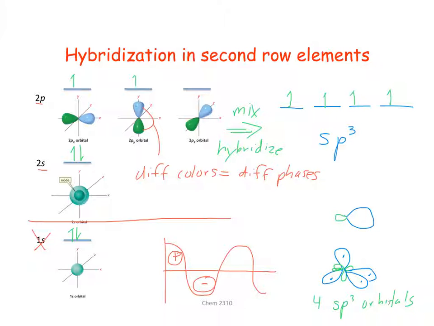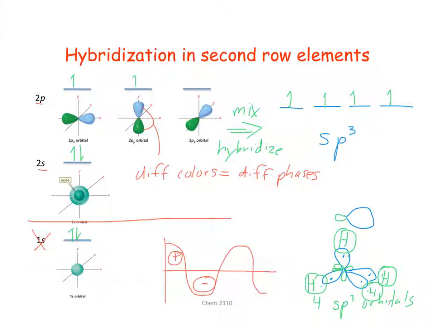So for methane, right, we're going to just have a hydrogen here with its s, hydrogen here with its s, hydrogen here with its orbital, its electron, I mean, and like that, right? So each of these bonds are made between an sp3 hybridized orbital on the carbon and the 1s orbital on the hydrogen.